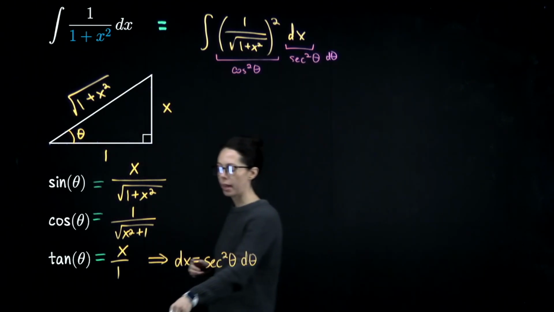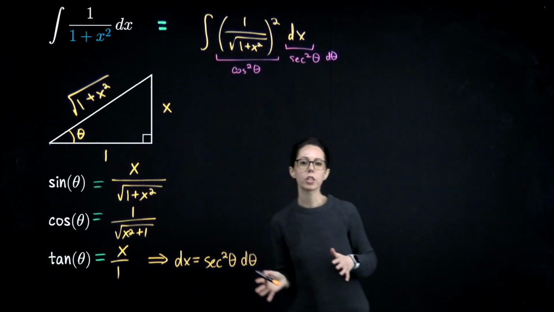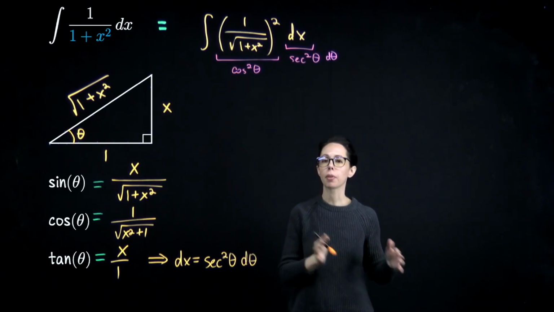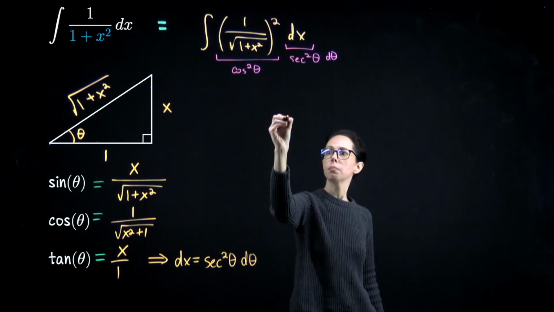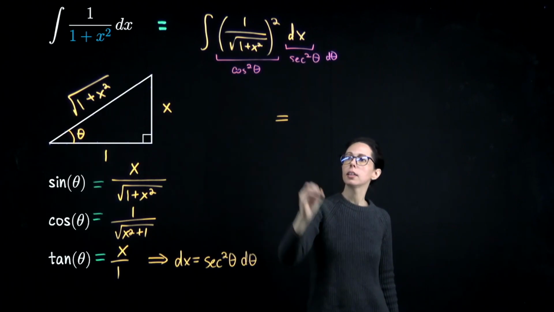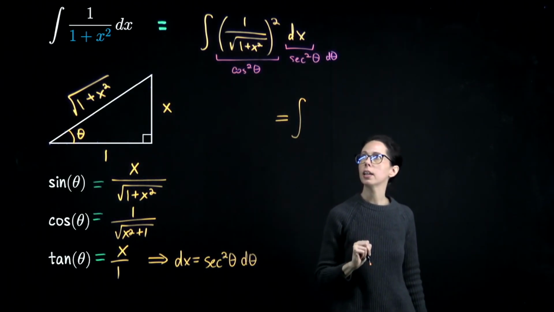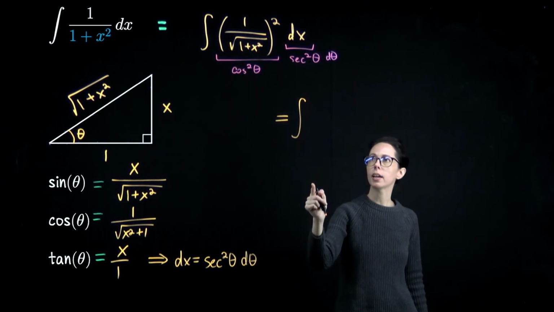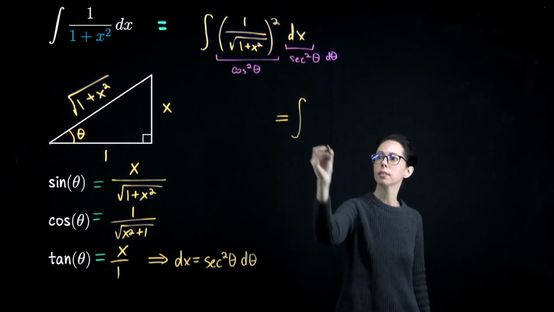So my integral, after switching from variable x to variable theta, is going to be the indefinite integral of cosine squared of theta times secant squared of theta d theta.